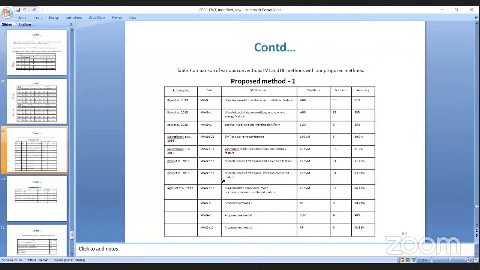And here actually a lot of work has been done in the literature. People have used various data over the years, the same database we have used, and they have used various methods: signal processing methods like complex wavelet transform, statistical features, wavelet packet decomposition, entropy, energy features, optimal hyperanalytic wavelet transform, empirical wavelet transform, chorontropy feature, variational mode decomposition, entropy feature, discrete wavelet transform and combined feature, discrete quasi-bivariate variational mode decomposition, and various classifiers: artificial neural network, support vector machine, least square support vector machine.